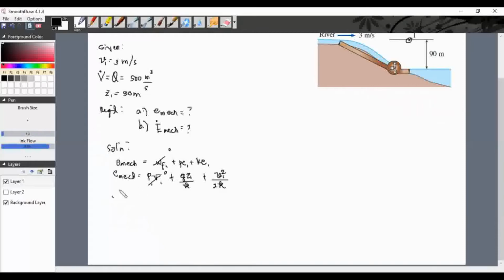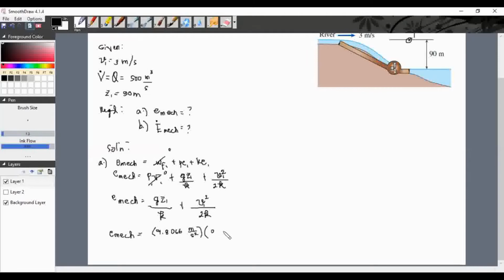So we have, for letter A, mechanical energy per mass basis is equal to g Z1 over proportionality constant K plus V sub 1 squared over 2K. So we have g, gravitational constant of 9.8066 meter per second squared times Z1.